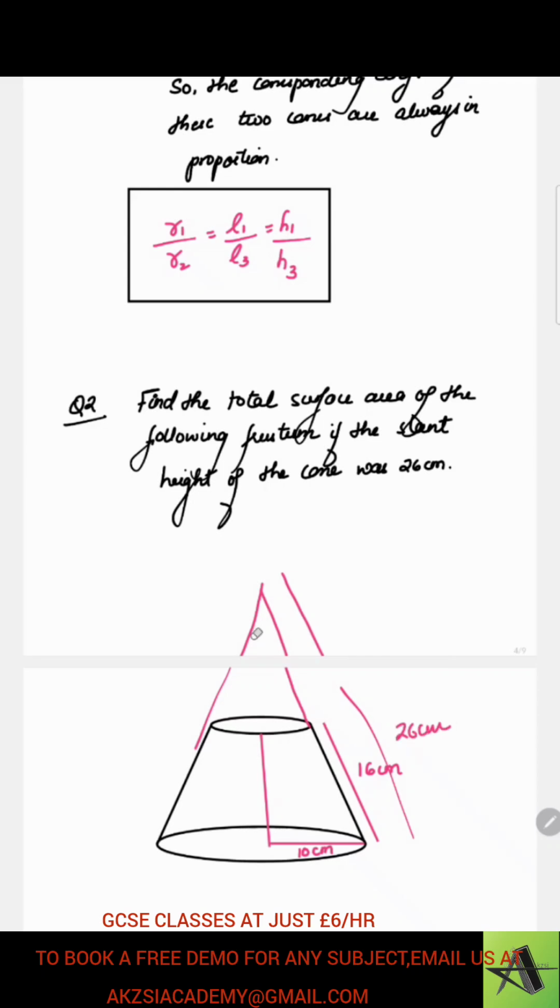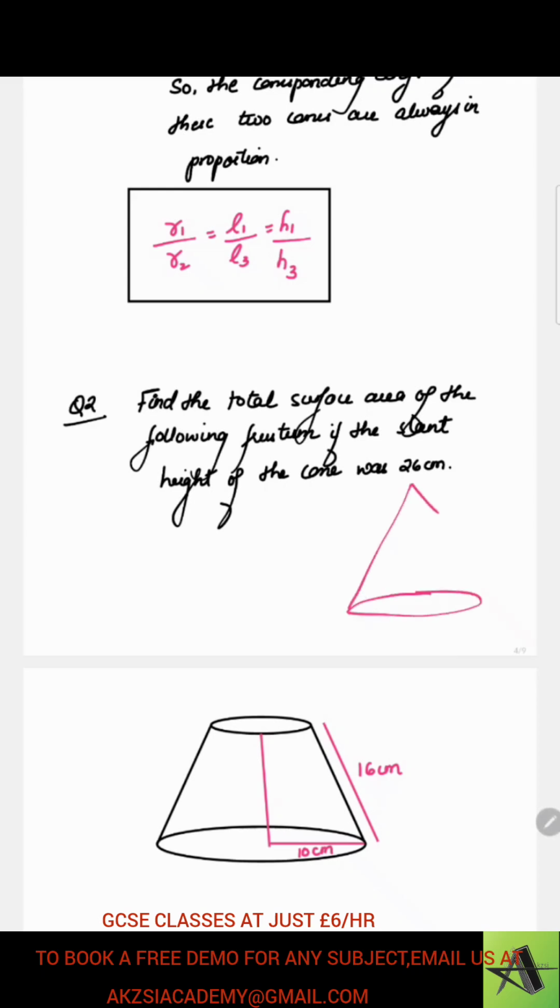Now you have to calculate the total surface area. We just did, and we know to calculate the total surface area, we should know this radius. This is very important, and unfortunately that is not given in this question. But we do have some other information given. So this frustum is a part of the bigger cone, which looks like this.